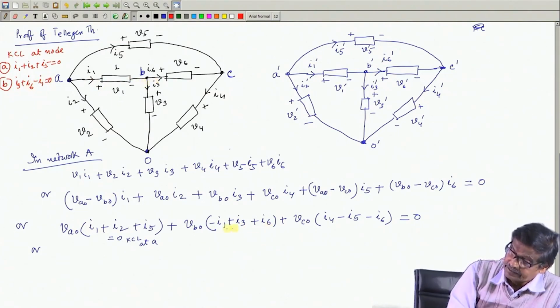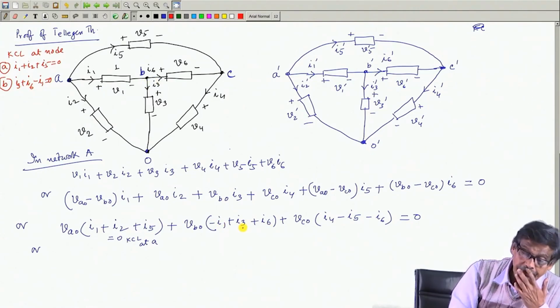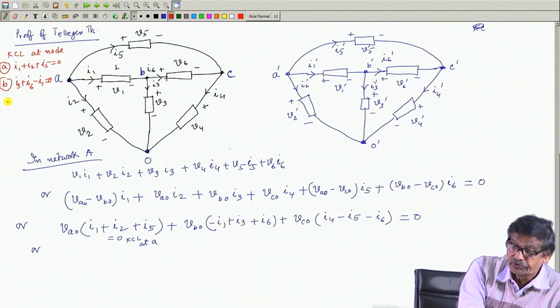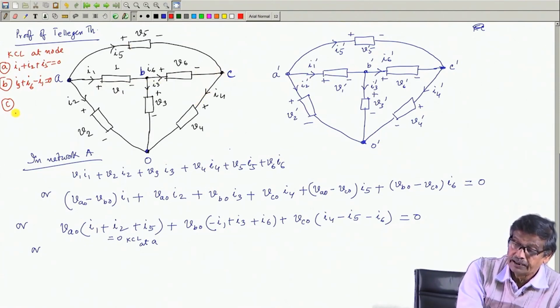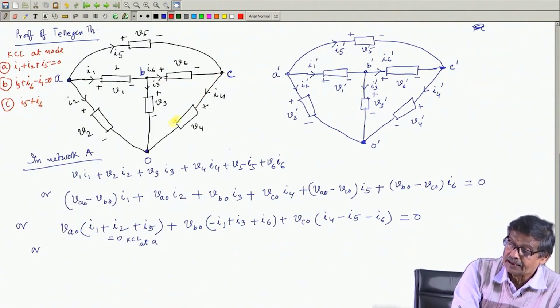And at node C, I5 is converging at C. So, I5 plus I6 and another minus I4 is also coming, that is equal to 0.